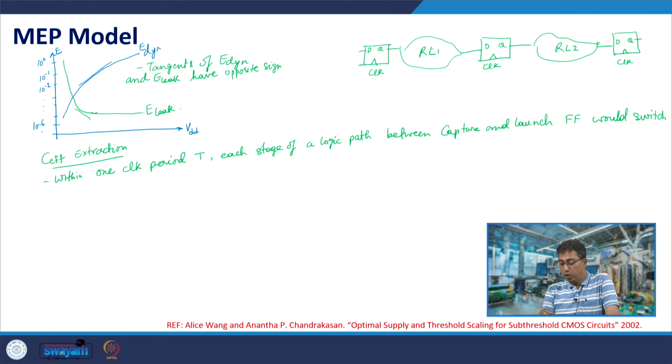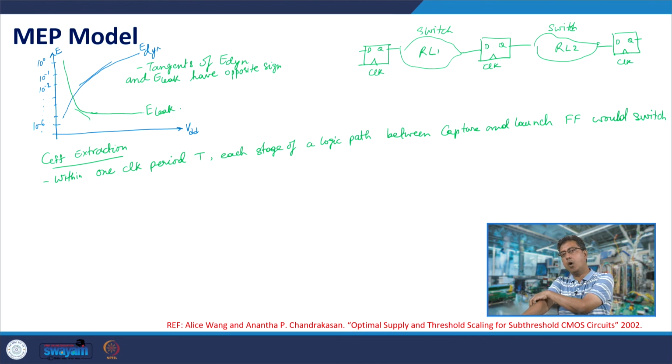Within a clock period, one of the stages would switch in this, and in the same clock period, one of the stages would switch in the next pipeline stage also. So, within a clock period, you would find that all the capacitances involved charge and they would get discharged in the subsequent clock periods.